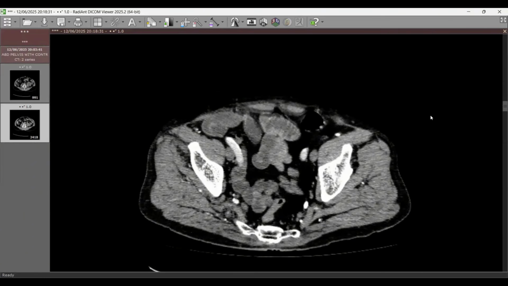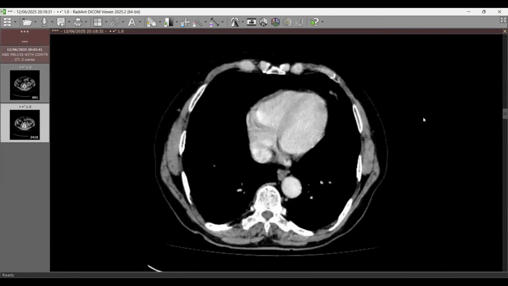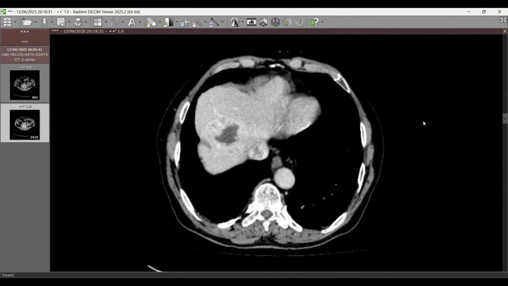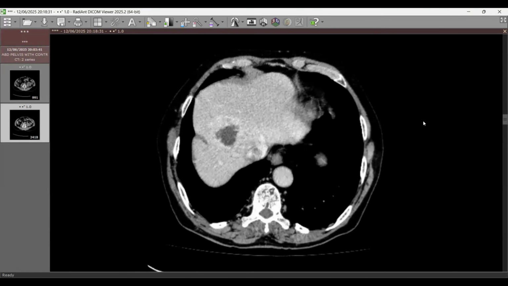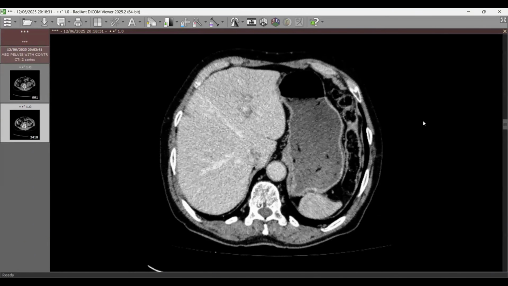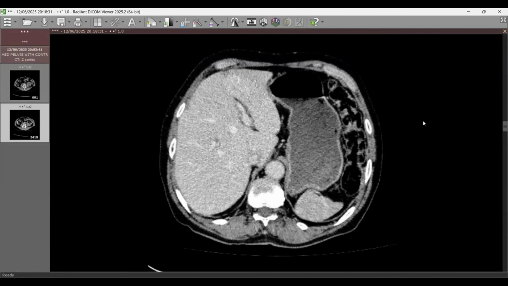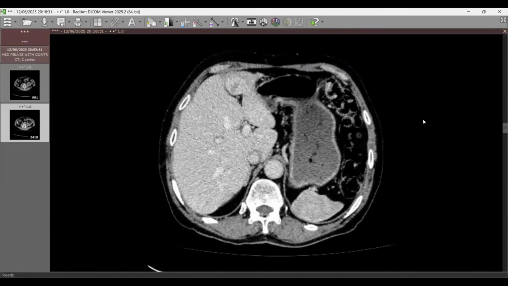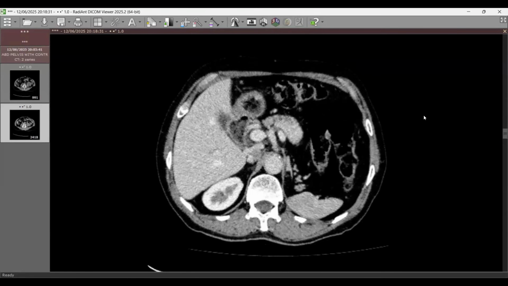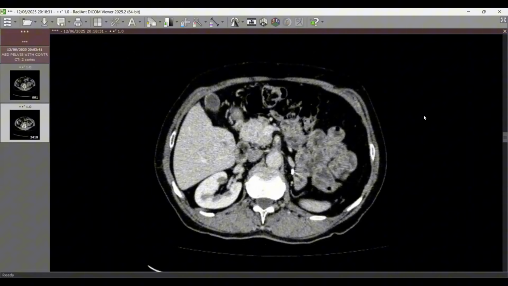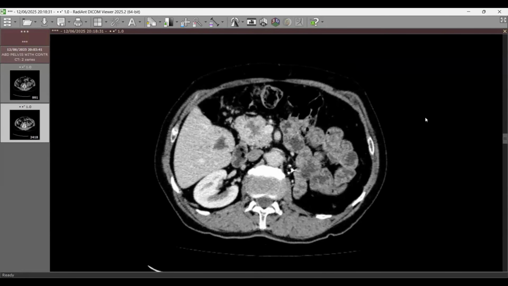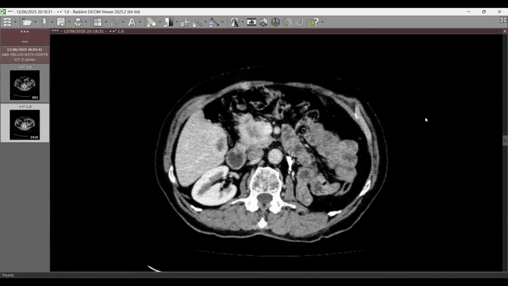I'm sorry, it's a little lagging. Now it's the portovenous phase, okay, sir. I can see in the portovenous phase the same lesions have peripheral nodular enhancement, which is similar to the blood pool phase of the aorta, and some of the previously fully enhancing lesions are now the same.